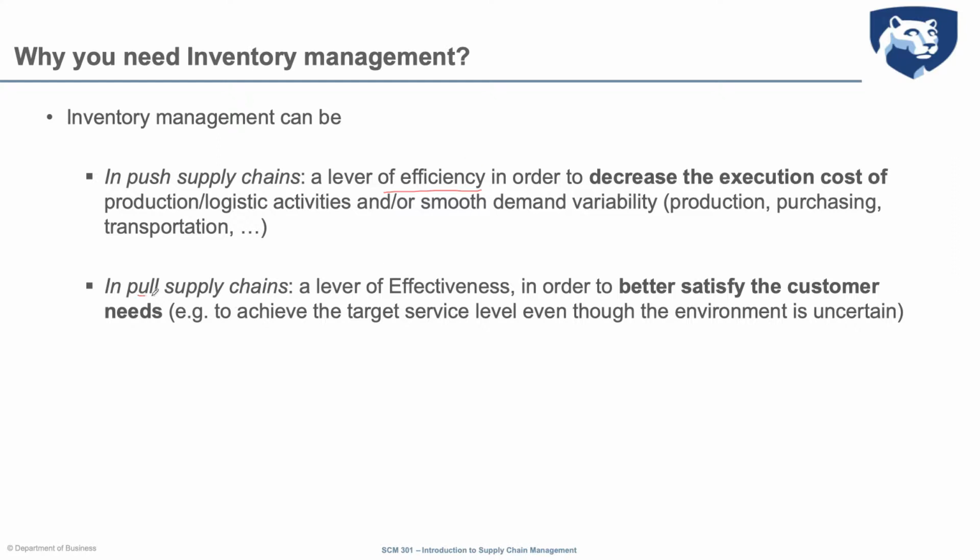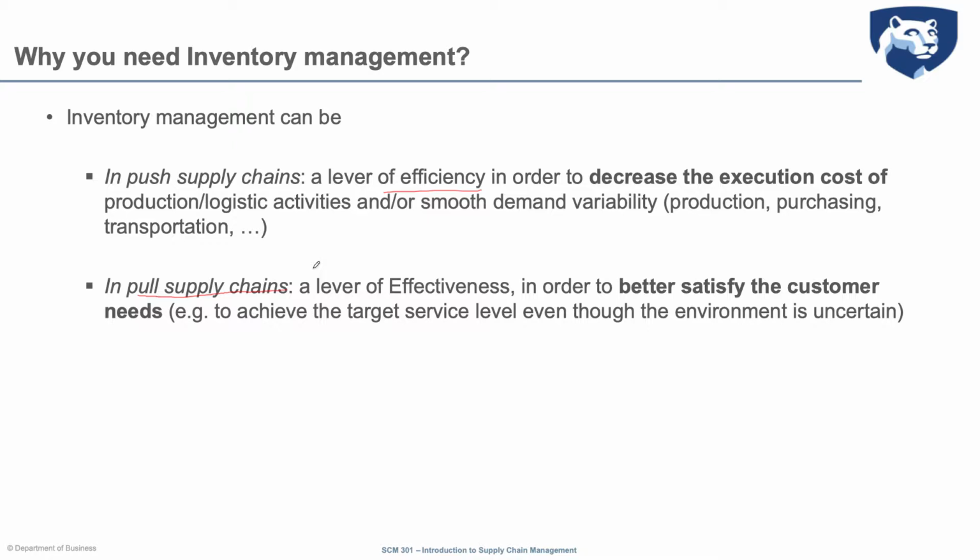In pull supply chain instead, inventory is a lever of effectiveness, because again, pull supply chain reacts to customer needs, to customer demand. Of course, when the customer issues a demand, the sooner we can start producing, the better it is. But we can start producing if we have material available.